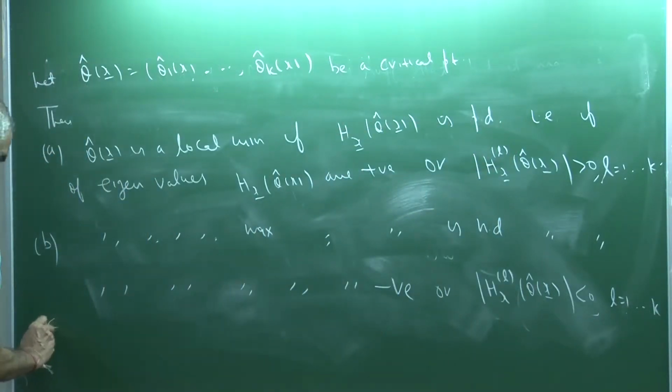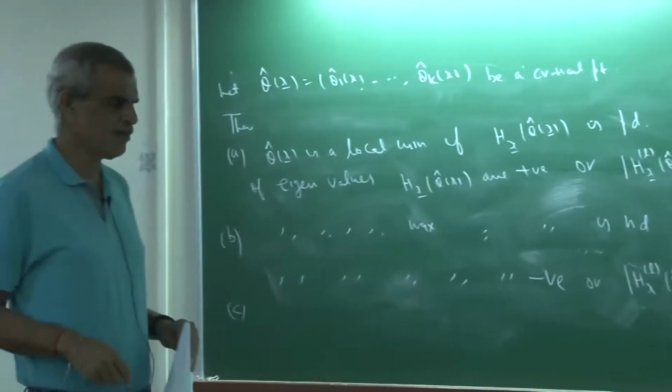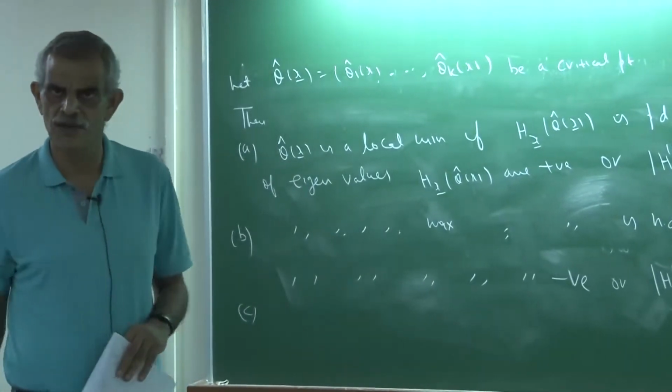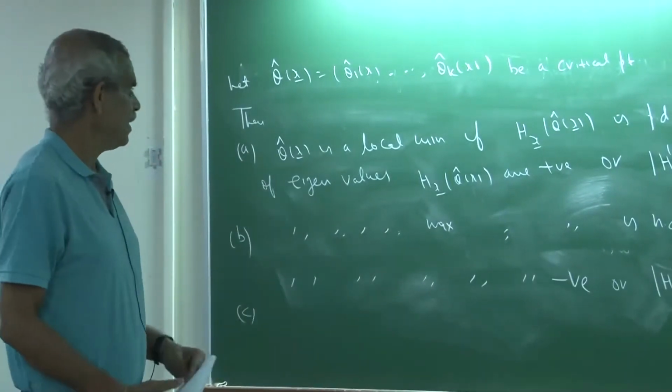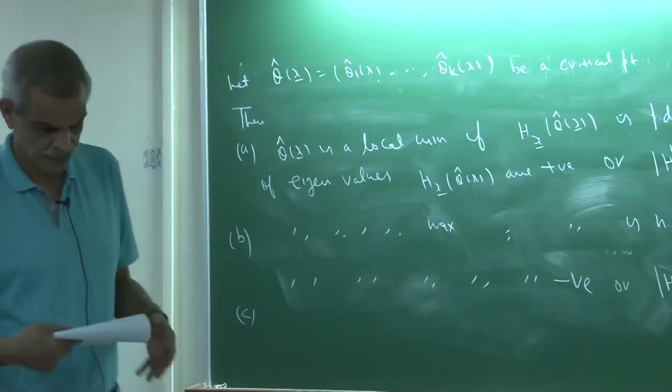Now, there is a concept of a saddle point. That means if you look at it in 3 dimensions, from one direction it may look like a maximum, and from the other direction it may look like a minimum. So although it is a critical point, it is neither a maximum nor a minimum.